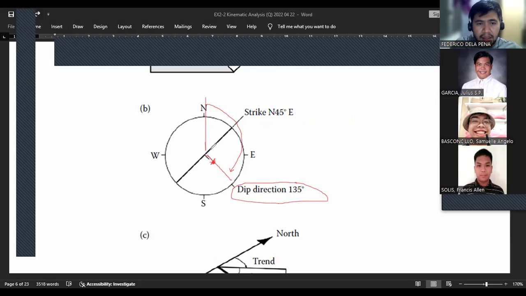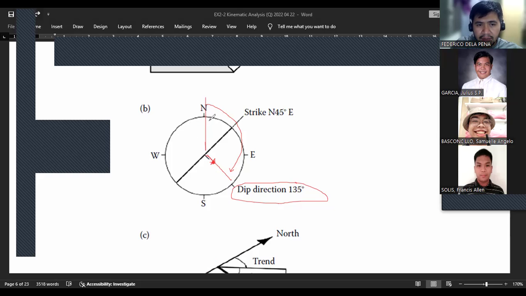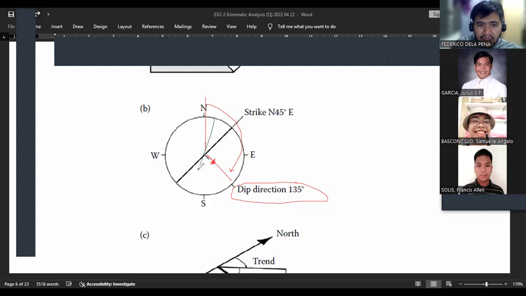Now, for example, let's say you have another bed here that's pointed this way. All you have to do again is to just determine the direction of the dip and then measure it relative to the north.